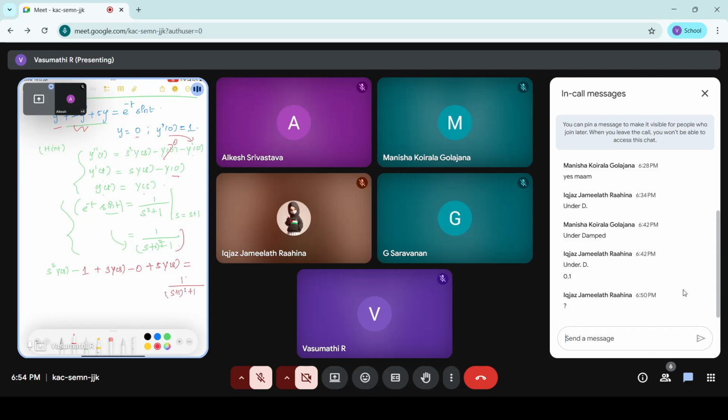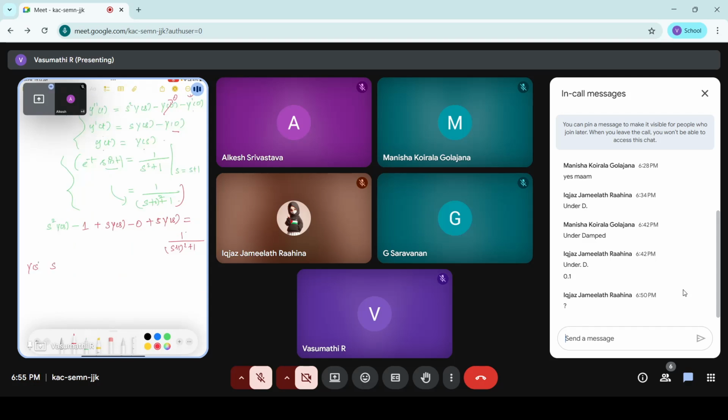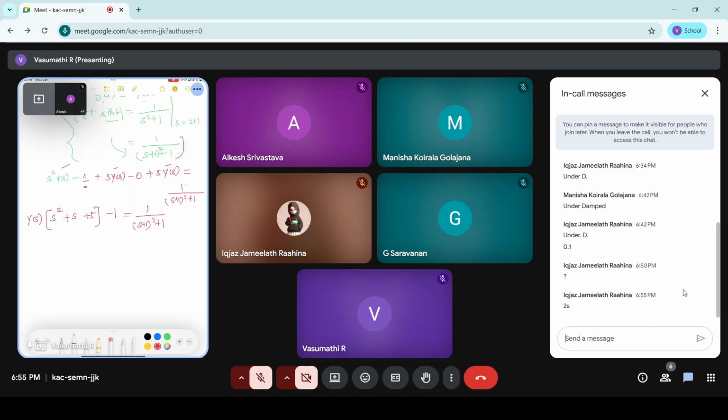Right, now just keep the y of s as constant. This will be s square plus s plus 5. The rest of the thing is minus 1. Just keep it outside because it is not common with y of s. It's equal to 1 by s plus 1 the whole square plus 1.